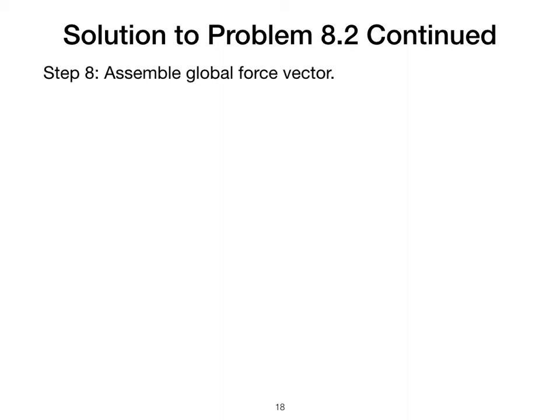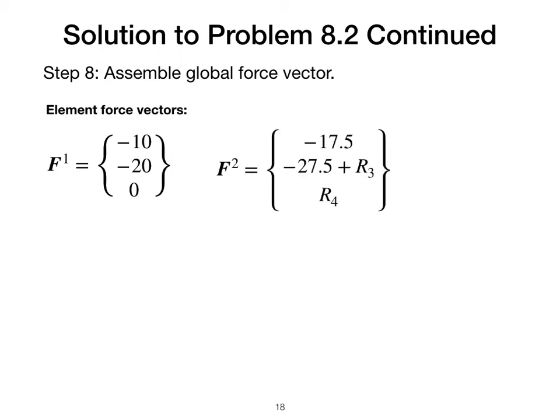Now step 8, assemble the global force vector. We have the element force vector for element number 1, which is F1 equal to a vector containing minus 10, minus 20, 0, and F2 is a vector containing minus 17.5, minus 27.5 plus R3 and R4. This we got for element number 2.